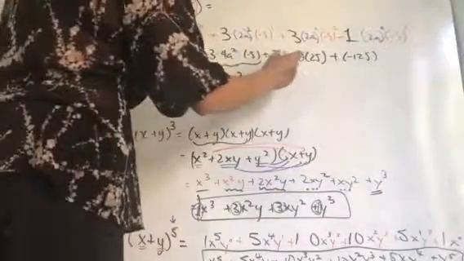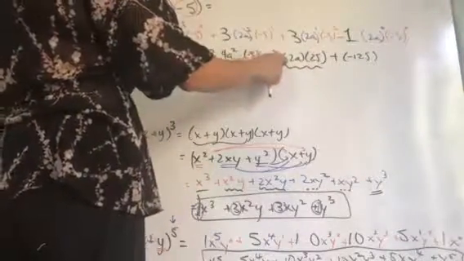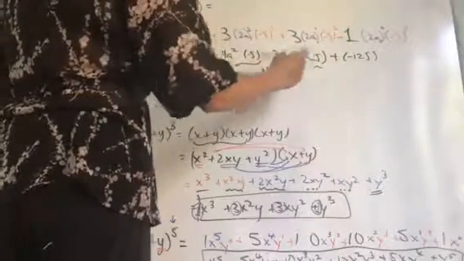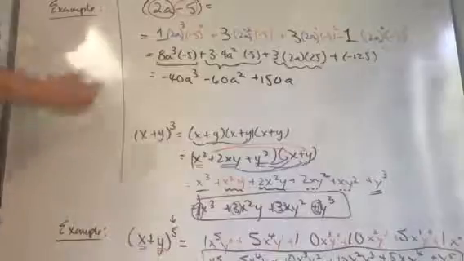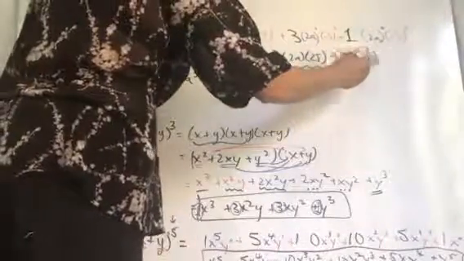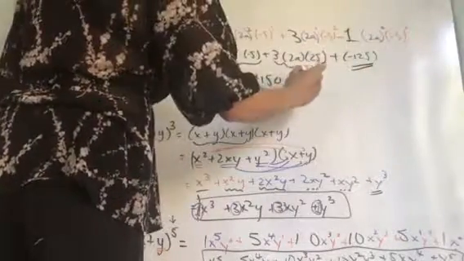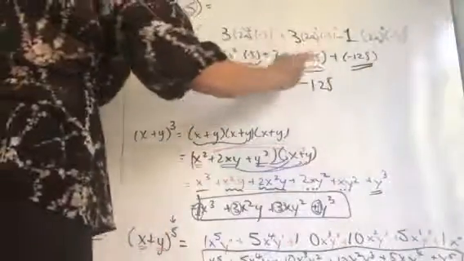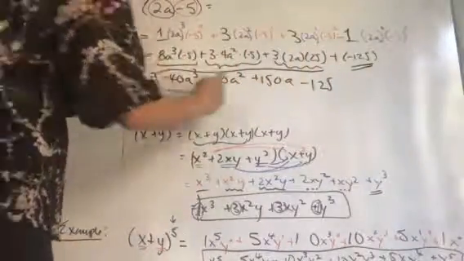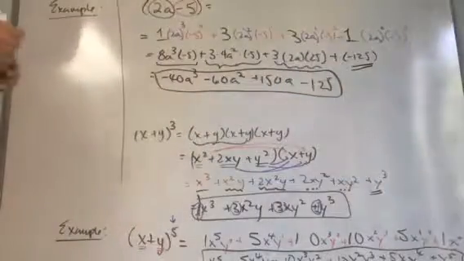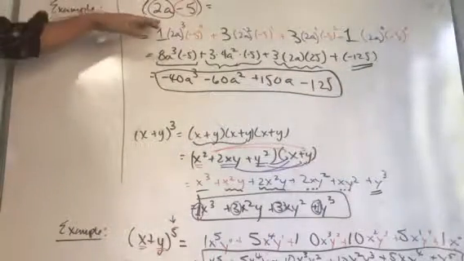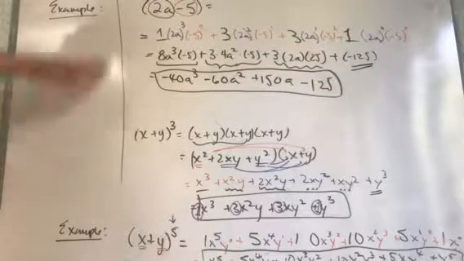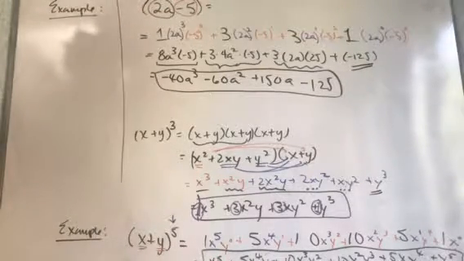And then we have this thing condenses down to 3 times 2, which is 6, times 25 is 150, and a. And then we have that minus 125 at the end. So without doing way too much distribution and using the binomial theorem, we're able to expand this crazy binomial into a polynomial in just a couple of lines. All right?